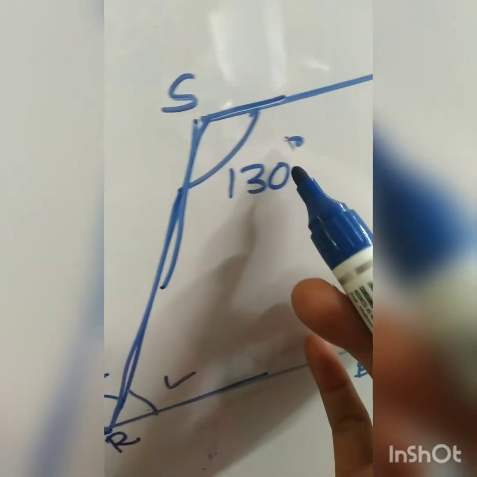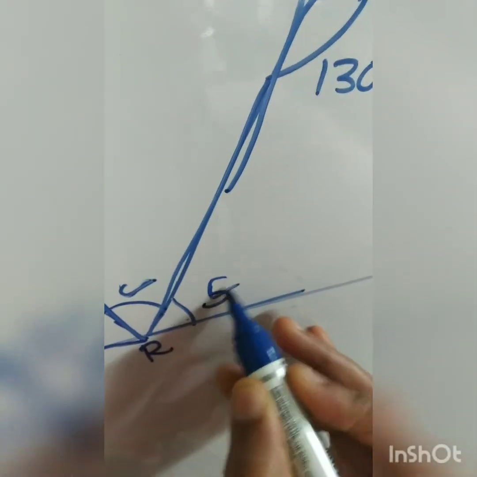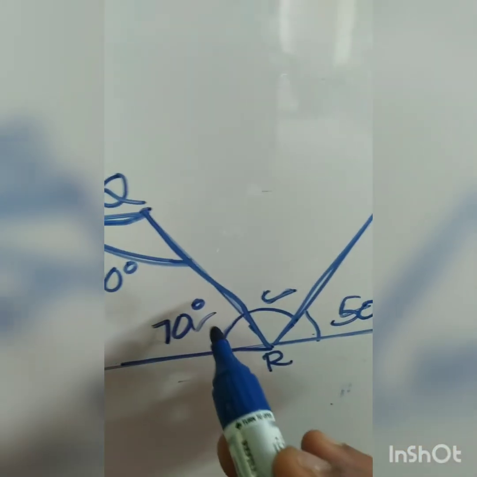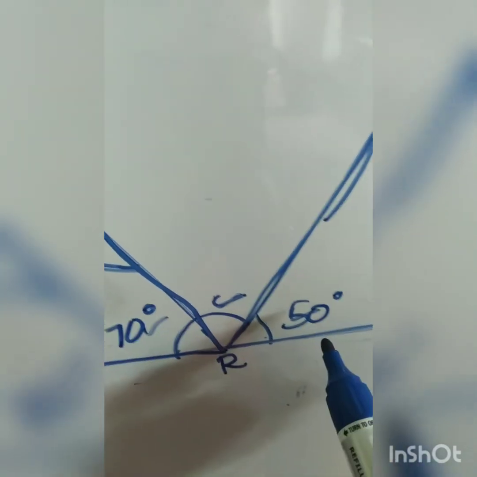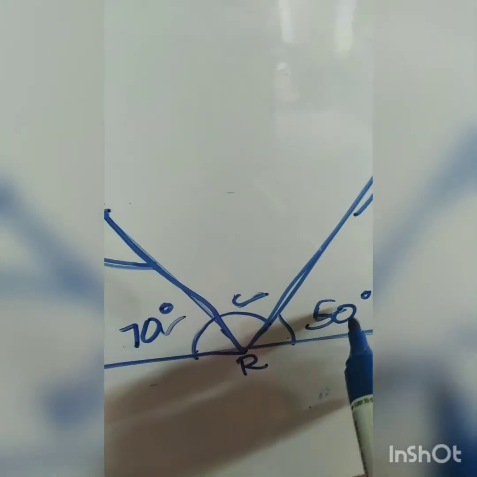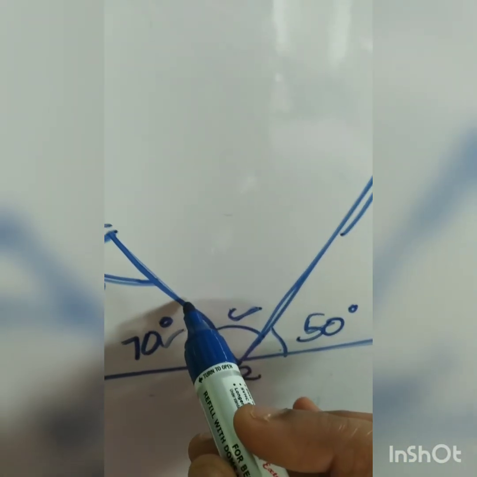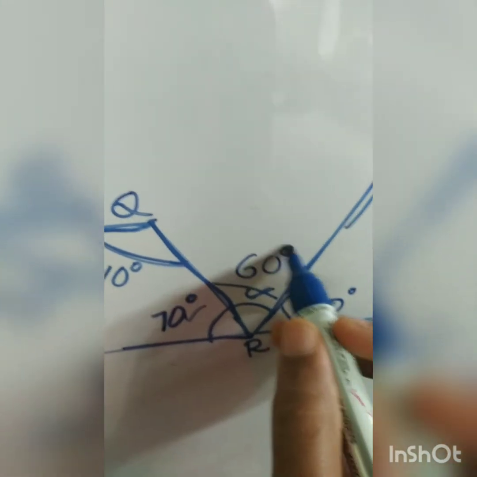So 130 degrees, it will be 50 degrees. 130 plus 50 is 180 degrees. Now see the three angles. They are on a line. Hence their sum is 180 degrees. 70 plus 50 is 120. 120 plus what is 180 degrees? 60. So this angle is 60 degrees.